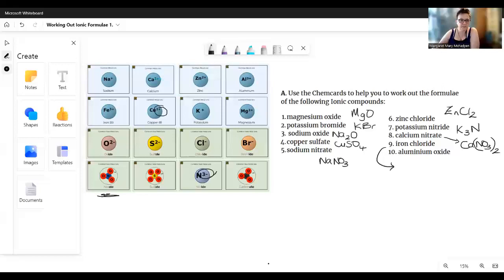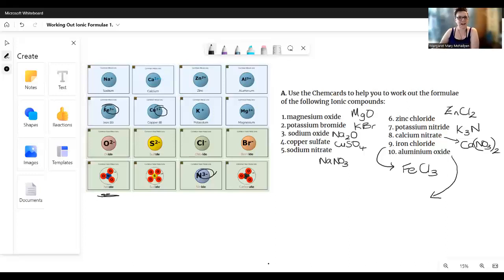Iron chloride, we're dealing with iron 3 plus. So you're going to have 1 of those, but because chloride only has 1 minus, you're going to have 3 chlorides to cancel that out. And aluminium oxide.